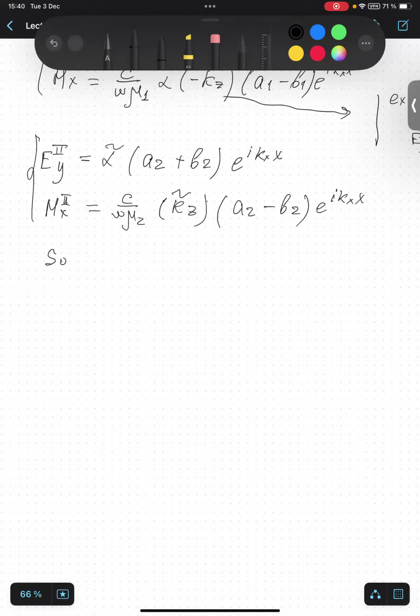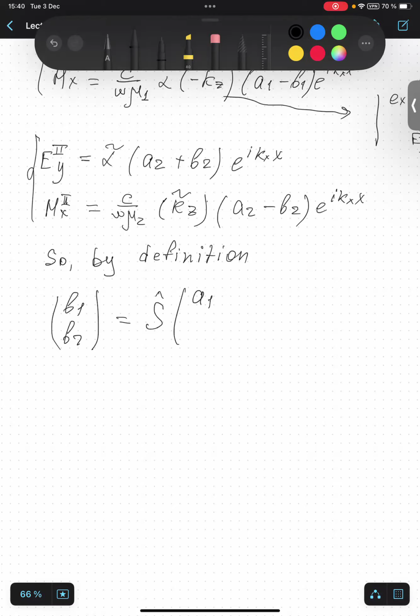So by definition, we can relate these fields with our S matrix, A1 and A2. So it's just by definition of the S matrix.